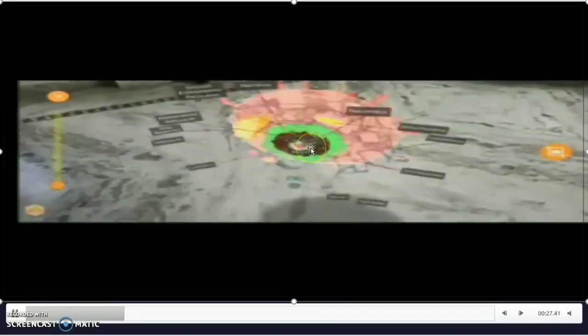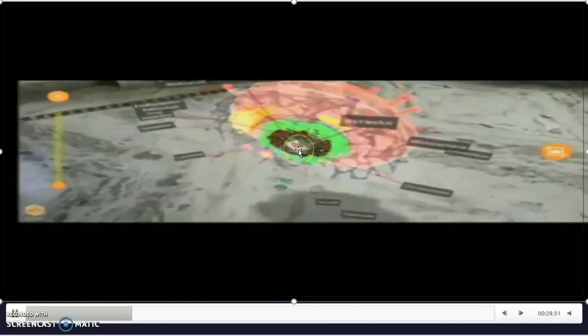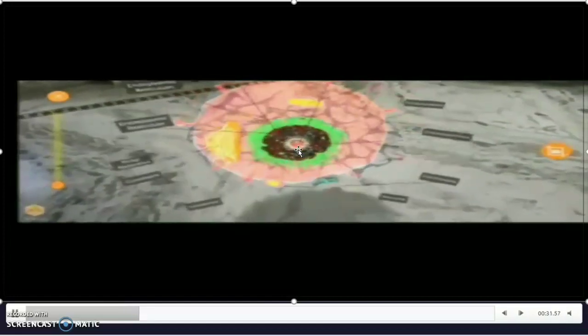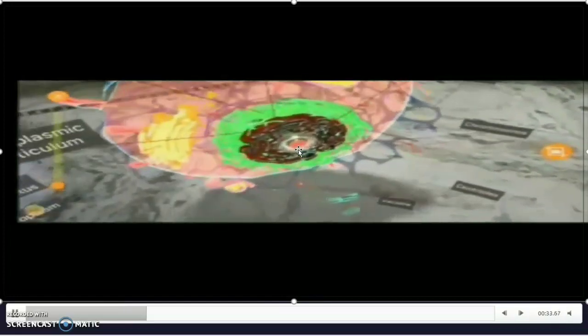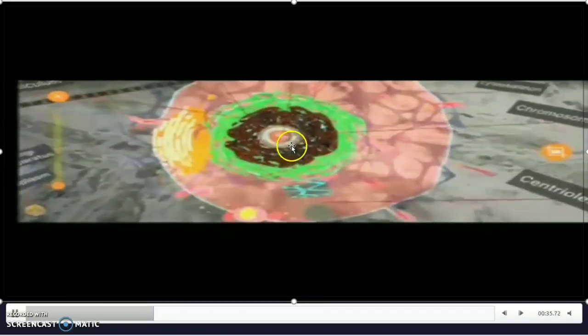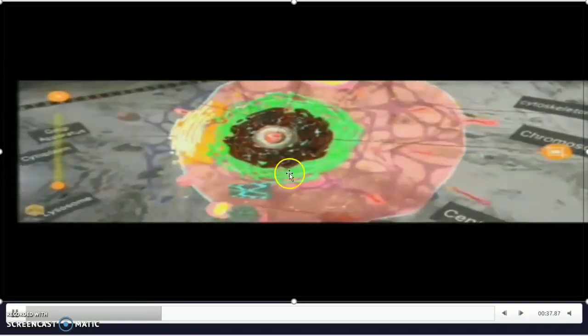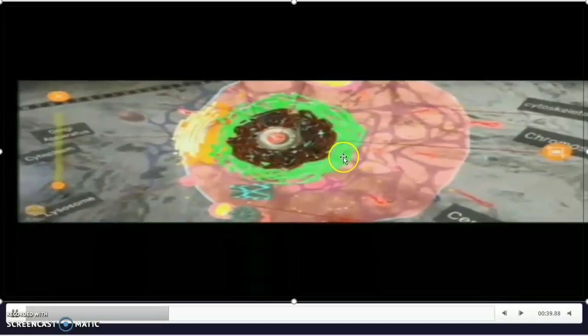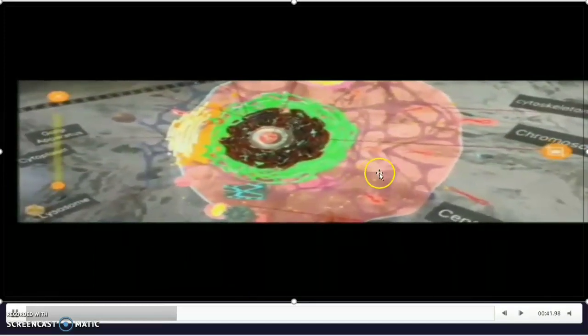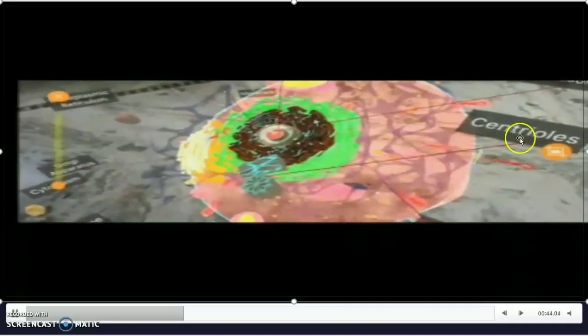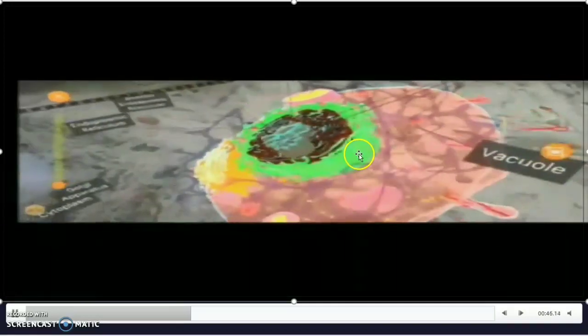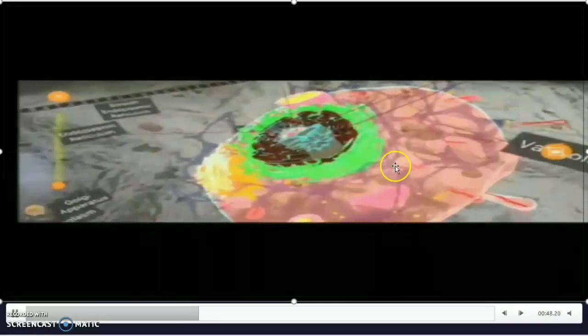The center one is the nucleus. Around it the green color structure is called endoplasmic reticulum. Centrioles. See here a special structure, centriole.